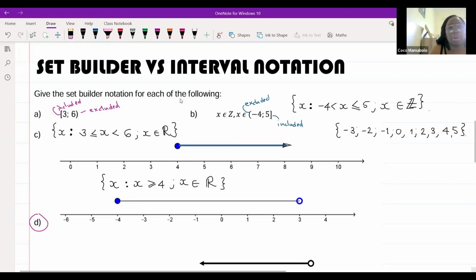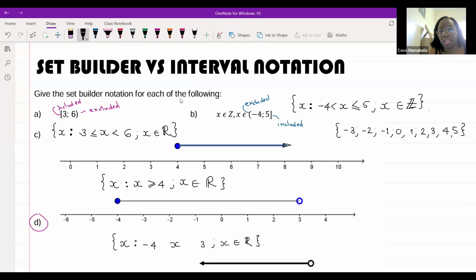All right, let's talk about D. Okay, I'm going to open brackets and I'm going to say, I have some number X such that now I know that X needs to be in between two numbers. So I'm going to put X in the middle, and then I'm going to put -4 on this side, and 3 on this side. And again, because it's a solid line, that tells me that X is going to be an element of real numbers.